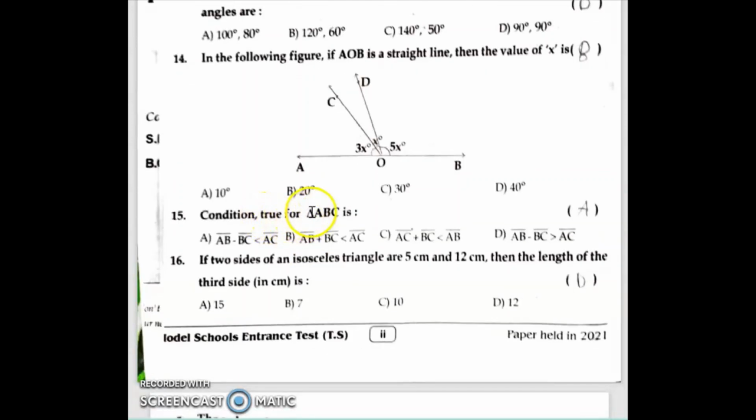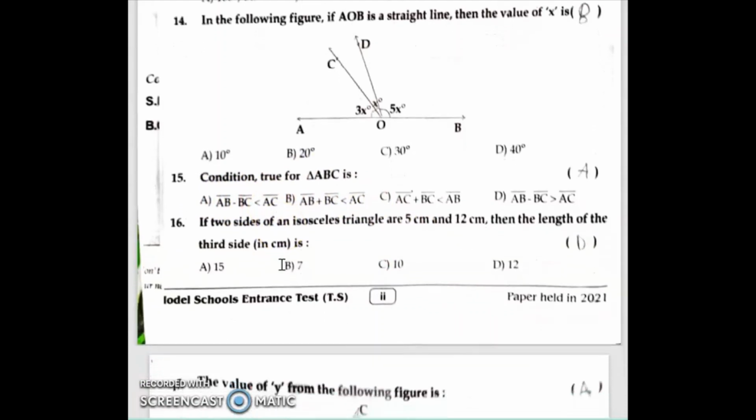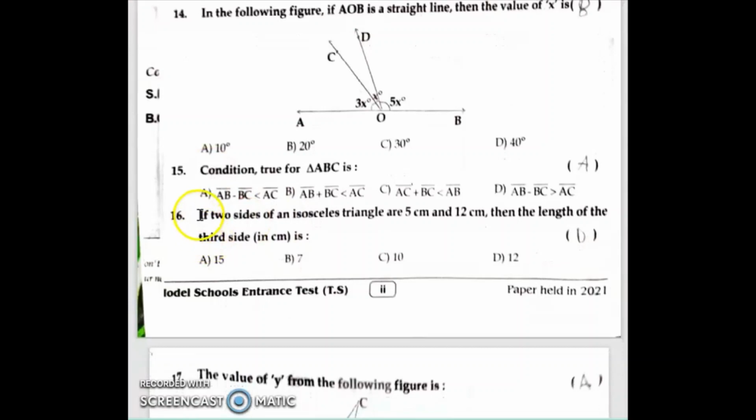Condition true for triangle ABC is A, AB minus BC is smaller than AC. 16th problem. If two sides of an isosceles triangle are 5 cm and 12 cm, then the length of the third side in cm is D, 12 cm.